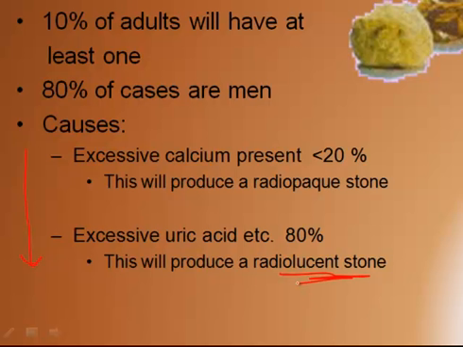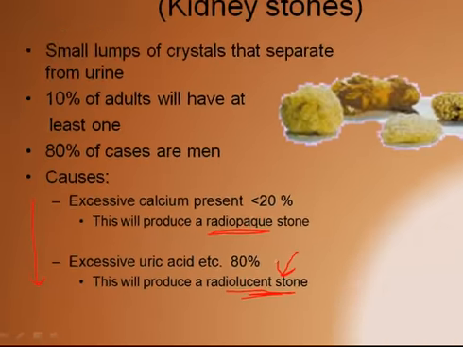So on a plain KUB, you're not going to see a kidney stone. Doesn't mean it's not there, but you're not going to see it. Some are going to be radiopaque, which means you'll actually pick them up on a plain radiograph. What we generally find if something is radiolucent is that, with plain X-ray, we have to introduce contrast media to demonstrate the signs that there is an obstructing stone there.